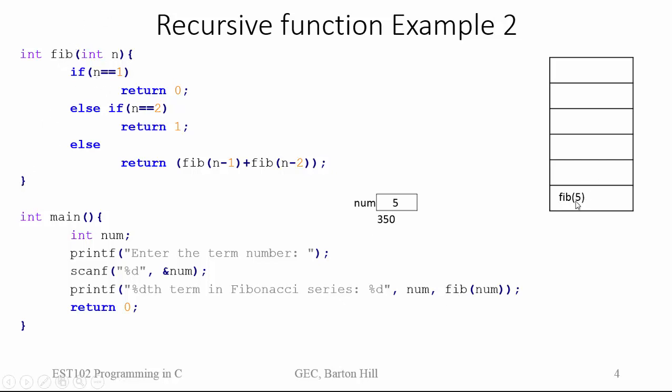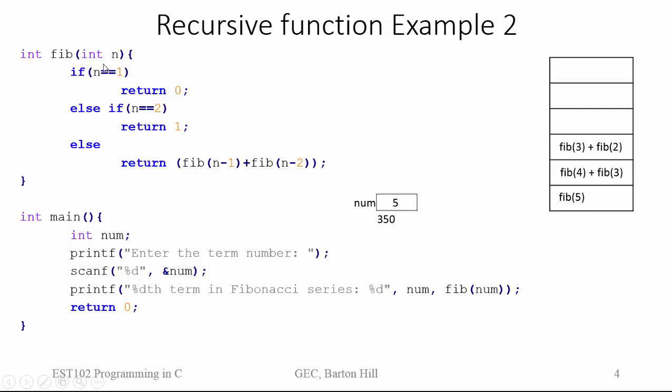Okay, then fib of 5 is called, so inside fib of 5 n equal to 5, and if we check n equal to 1 and n equal to 2, both are false, so return fib of n minus 1, that is fib of 4 plus fib of 3 should be returned, so again fib of 4 is called, so 4 equal to 1 or 4 equal to 2, both are false, so again fib of 3 plus fib of 2 is to be returned, so again we have to call fib of 3.